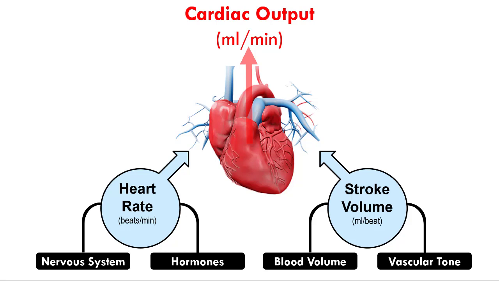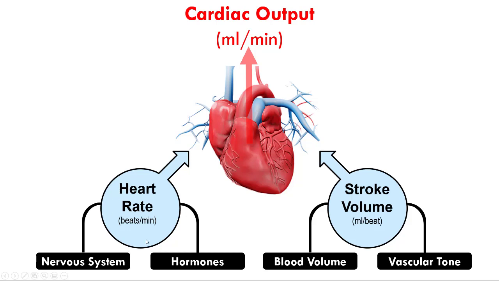And what happens is, we said heart rate is between 60 to 100 beats per minute. When you have people that regularly participate in endurance activity, the stroke volume, because of the vascular tone, becomes higher. And if stroke volume increases for the same amount of cardiac output, which is about 5 liters per minute on average, your heart doesn't need to beat as fast.